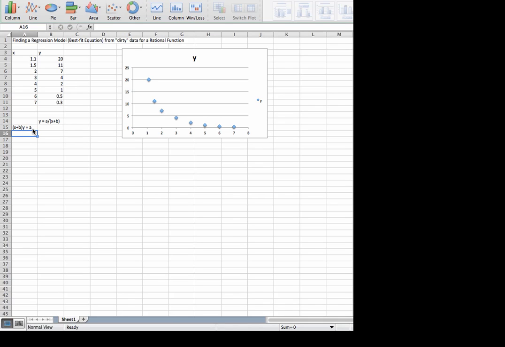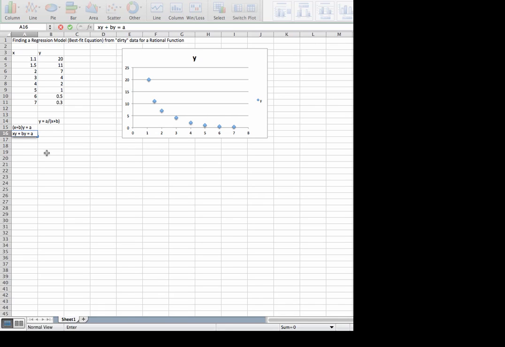Next, we'll distribute the y across the parentheses here, and we'll end up with xy plus by equals a. Well, we've got the variable out of the denominator now.